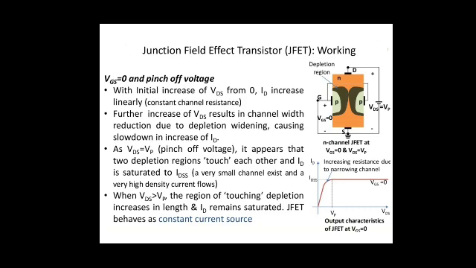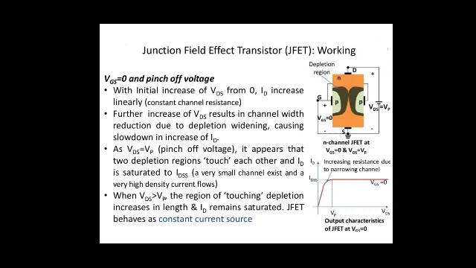The pinch off that occurs due to VDS will be closer to the drain terminal. But the pinch off that occurs due to the negative voltage applied at the gate terminal will be at the center of the channel, not closer to the drain terminal.